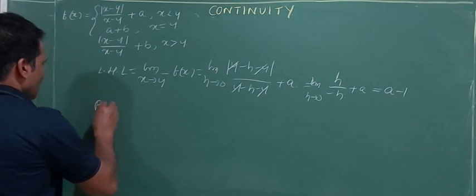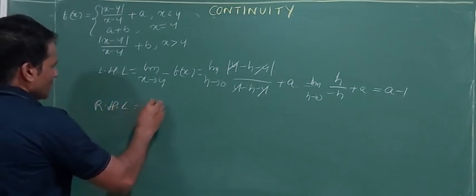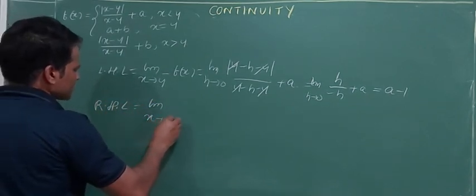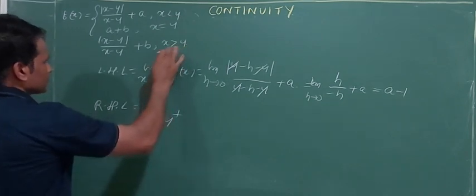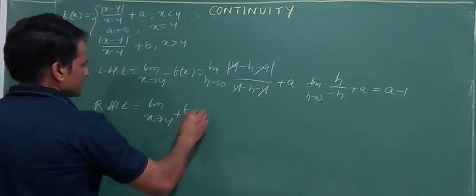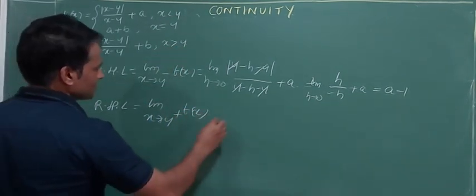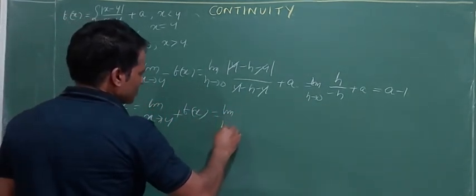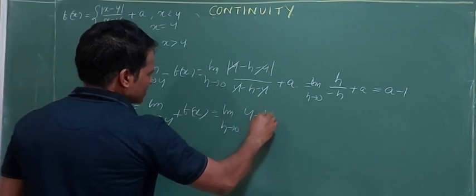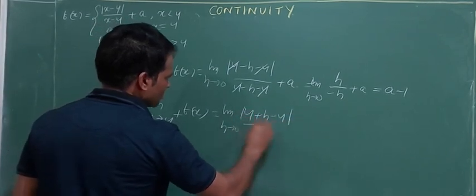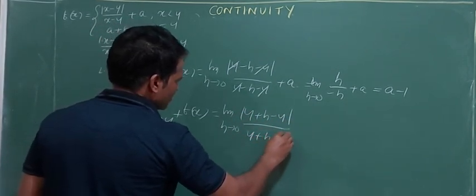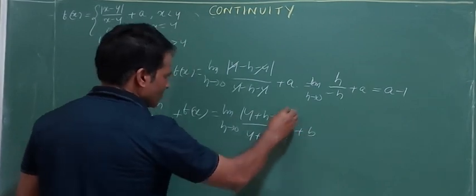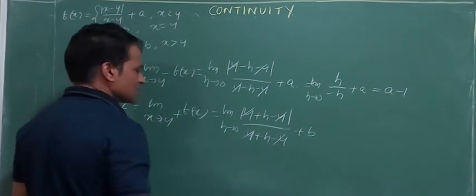RHS, limit x tends to 4 plus f(x). Again replace x by 4 plus h, limit h tends to 0. Modulus of (4 plus h minus 4) by (4 plus h minus 4) plus b. The 4s cancel out.